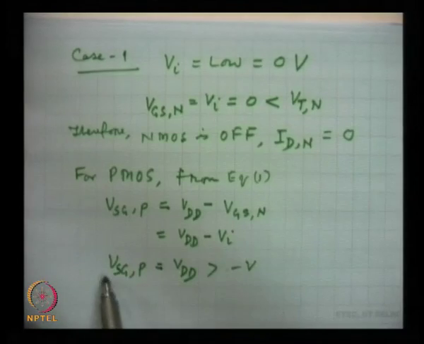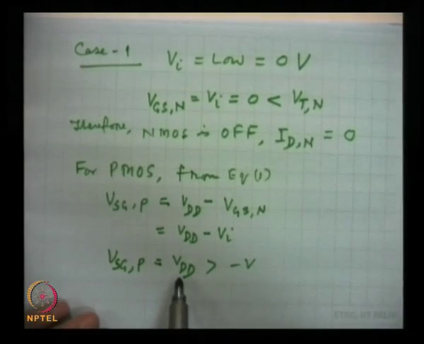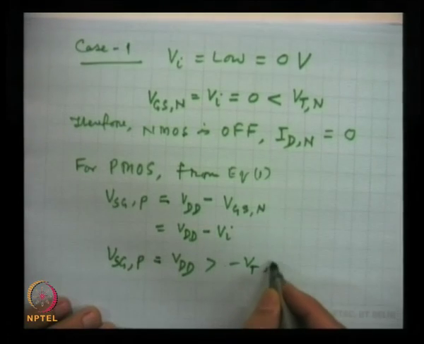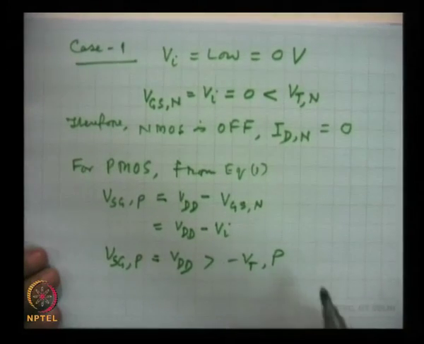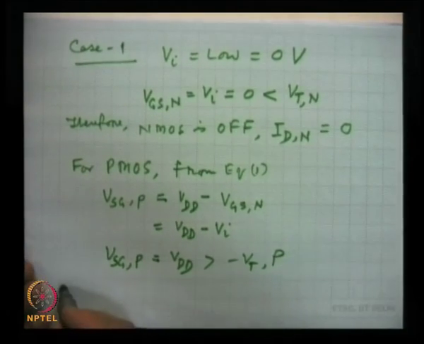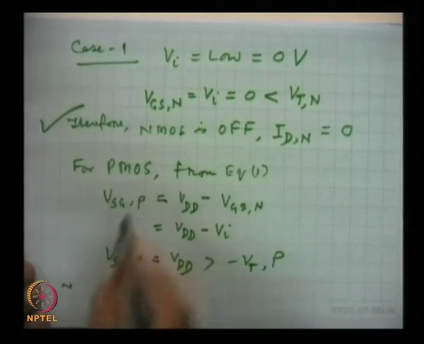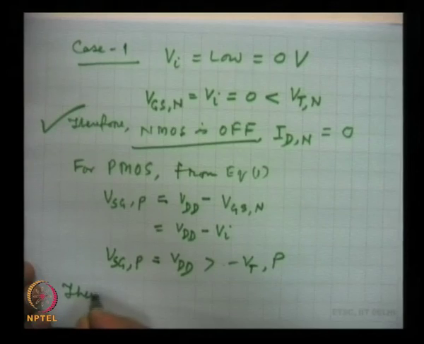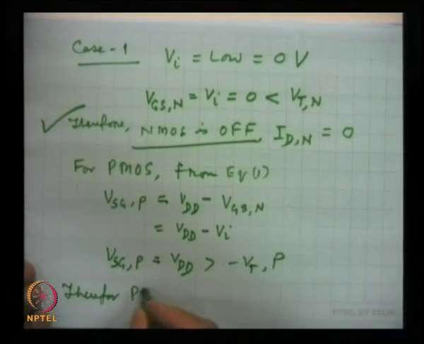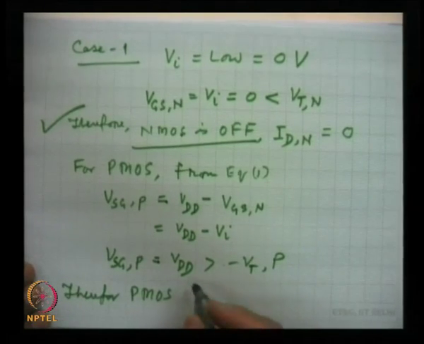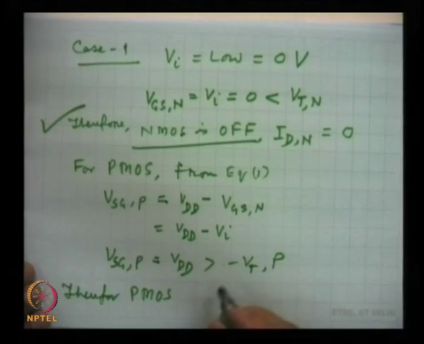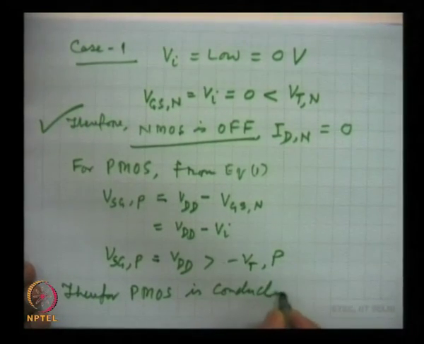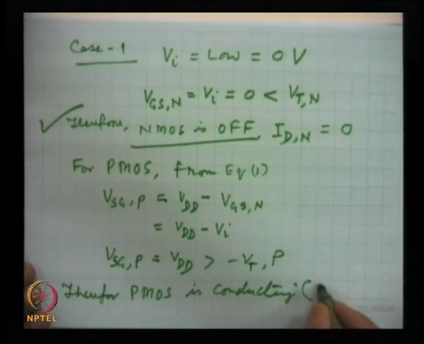So, when VSGP is equal to VDD, it is greater than VT for P, and therefore, this was one state, NMOS was off, and now PMOS is conducting. That means it is on.